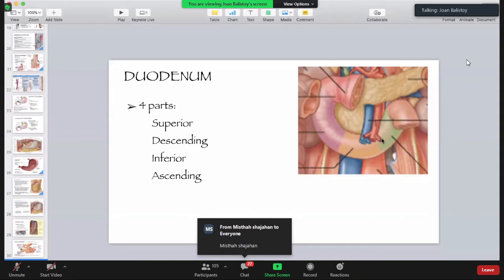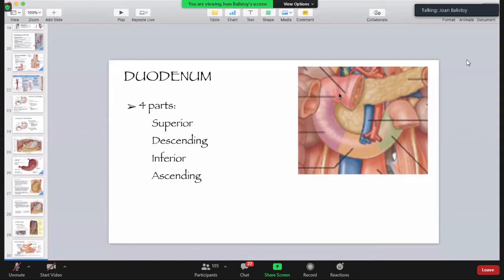Okay, it is after the duodenum crosses the aorta. So when it crosses the aorta, that is the ascending part. Okay, here's where you will find the ligament of Treitz. So again, the 4 parts of the duodenum: superior, descending, inferior, and ascending.